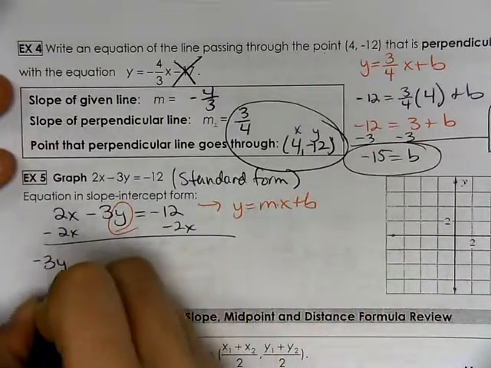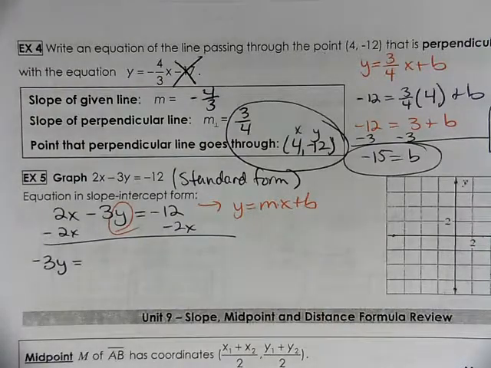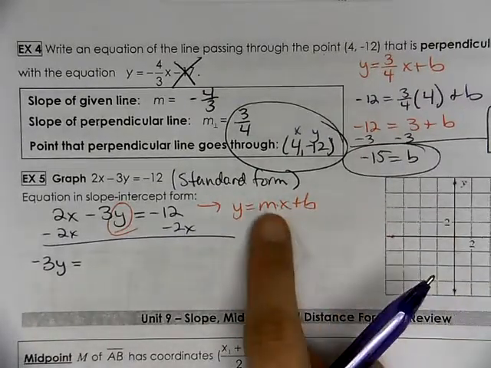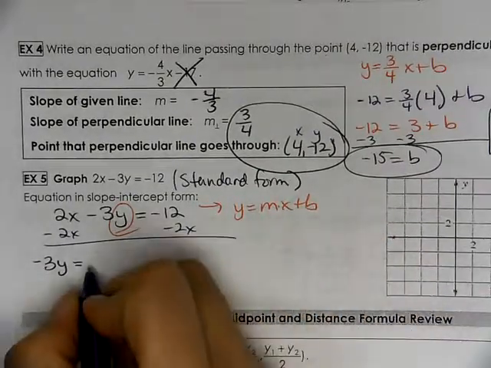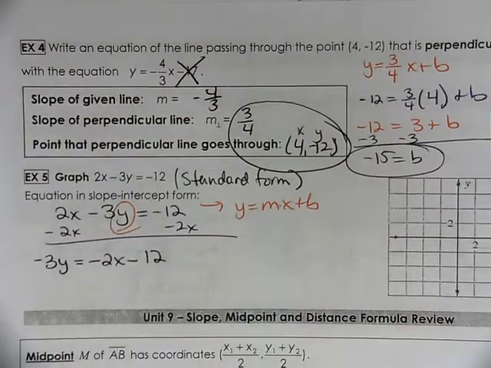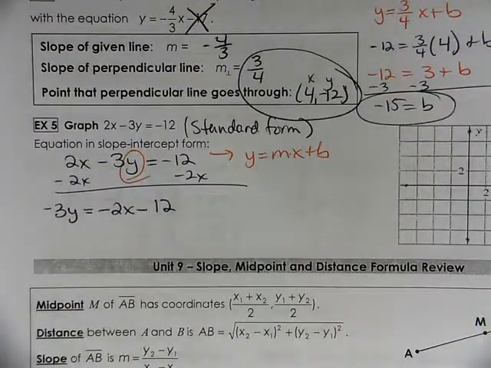I get -3y equals, now you don't actually subtract. And in fact, I'm going to write the x first because it's mx plus b. I'm just going to do -2x minus 12. So when we're subtracting, we're not actually subtracting. It's just more like a swing move to the other side.